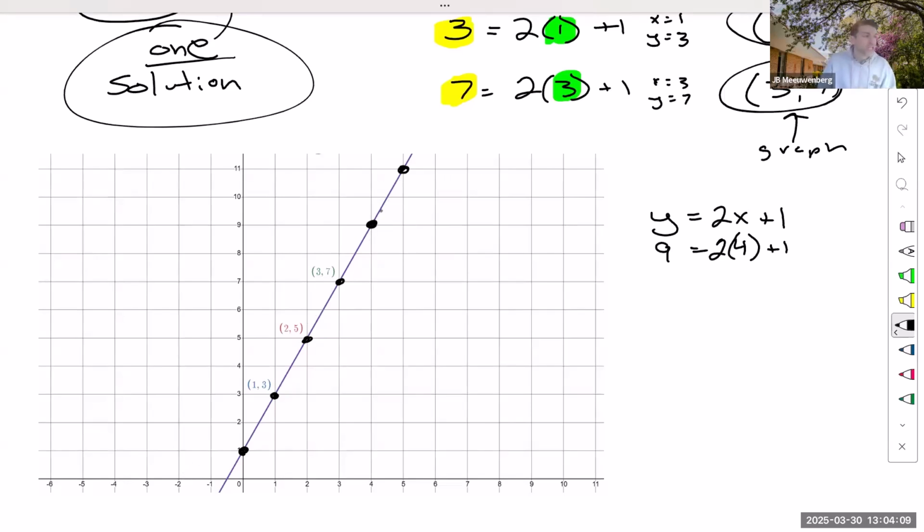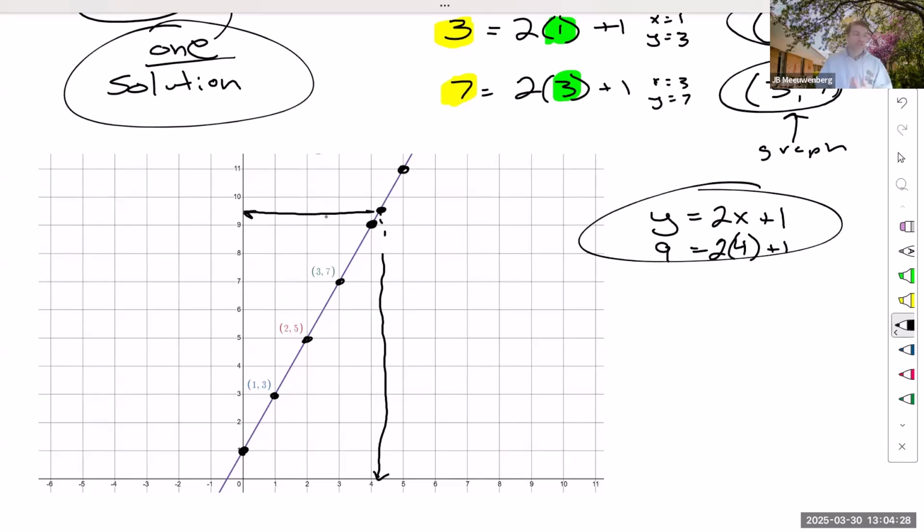I could go to a really obscure point right here that came up to a decimal or a fraction. And that combination, whatever this y value is and this x value is, a little more than 4 on the x and around 9.5 for the y, whatever that is, those pair of numbers would also make this true.